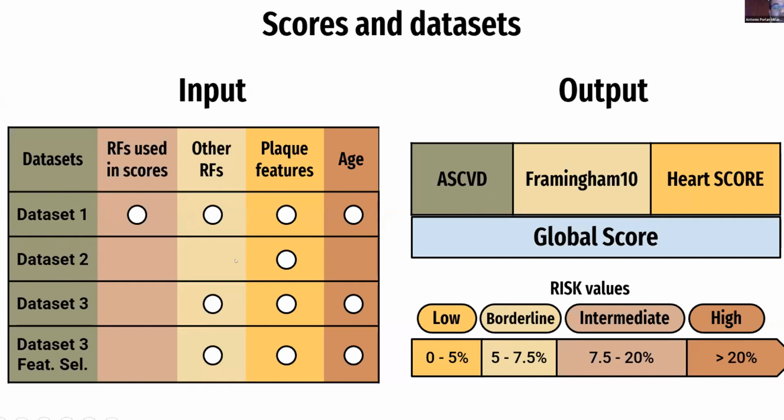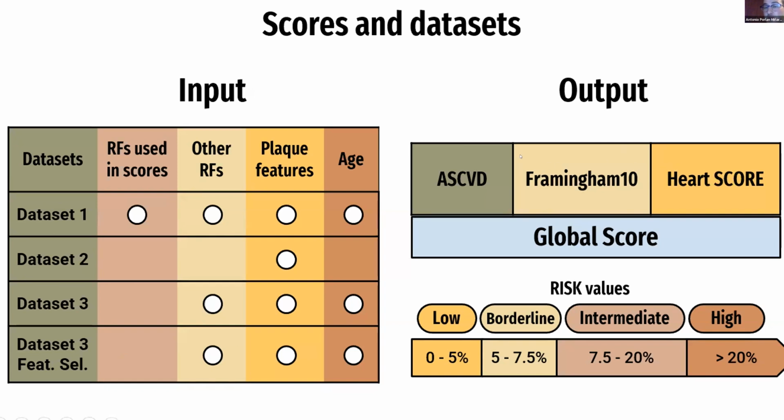Dataset 2 was only plaque features. Dataset 3, all features apart from risk factors used in the calculation of the traditional risk scores. And another one which was dataset 3, but with a feature selection analysis of just the 10 most important features.